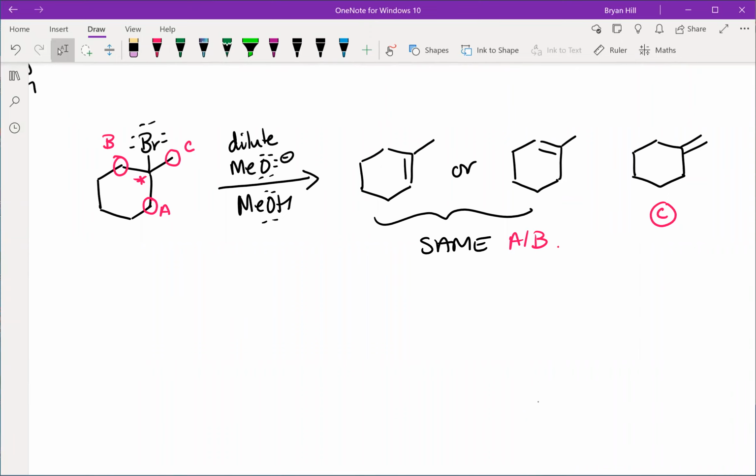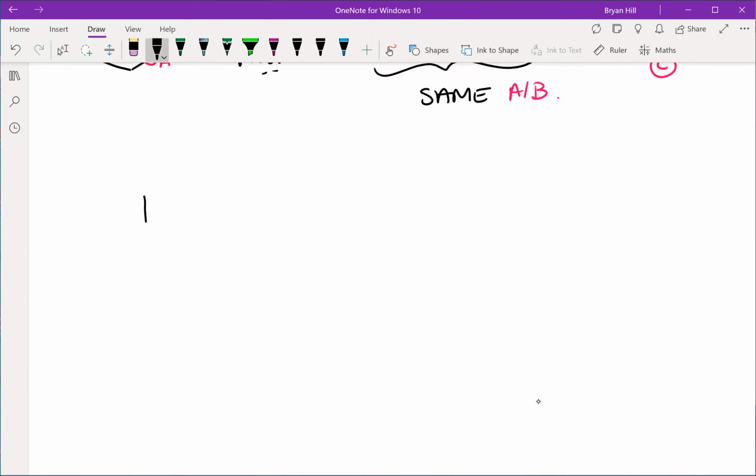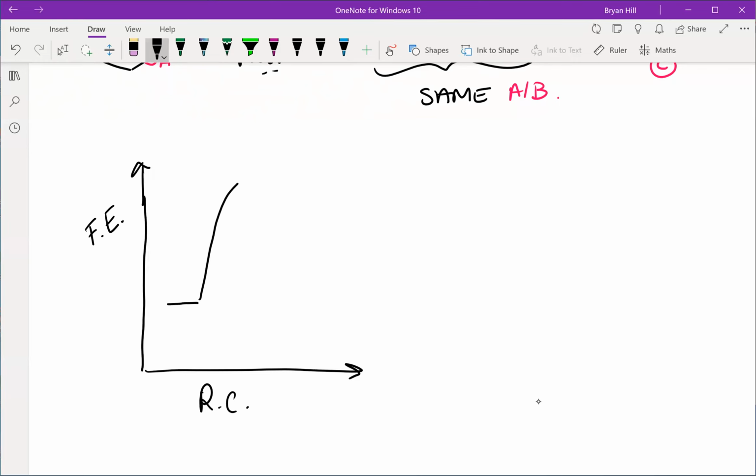So from a practical sense, if we just do a little review here, remember our energy diagram is as follows. Free energy, reaction coordinate. You form your carbocation, then you're going to form your alkene.